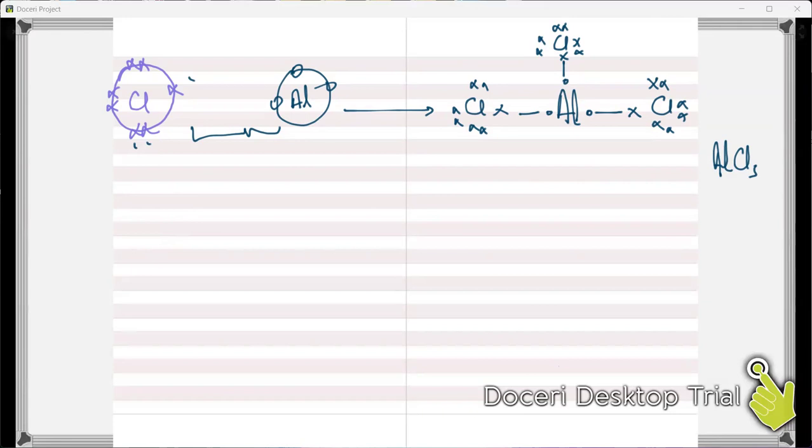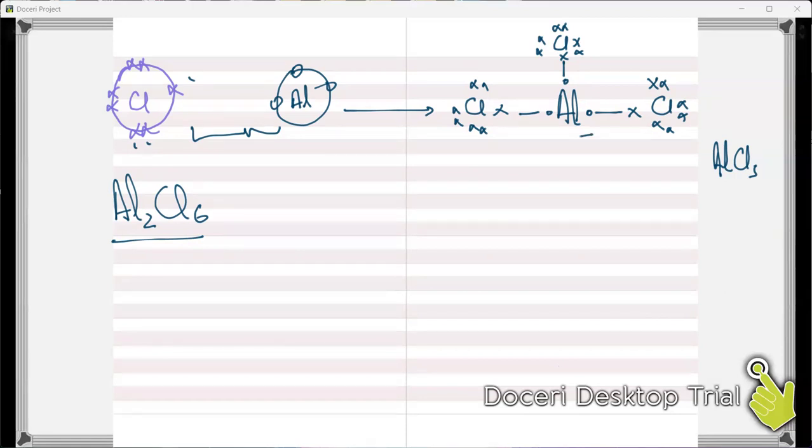Now, the coordinate covalent bond will be happening when Al2Cl6 is going to be formed. Now, how is that possible? See, aluminium has a capacity.